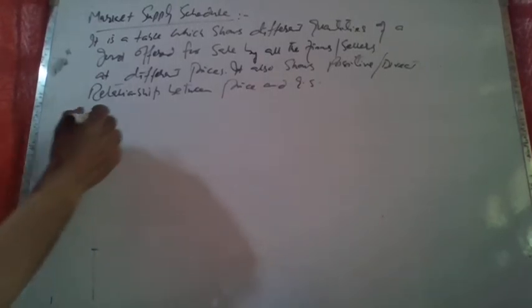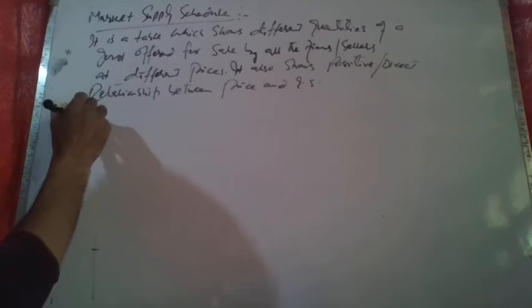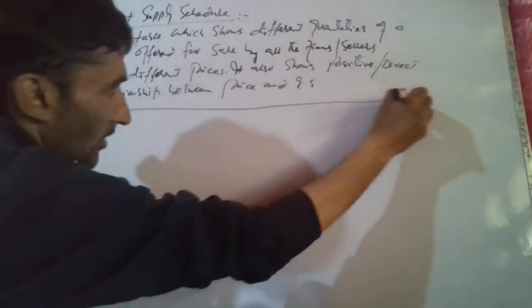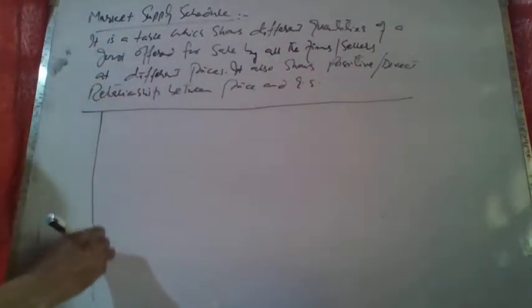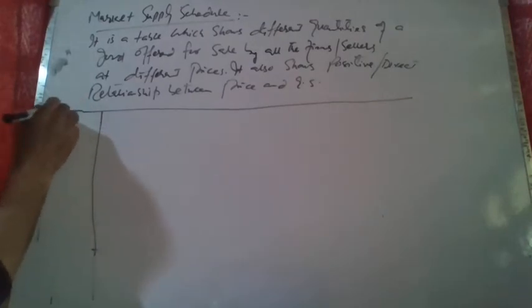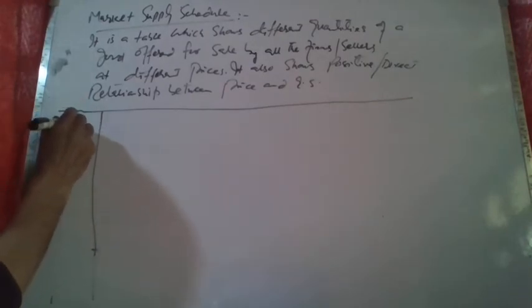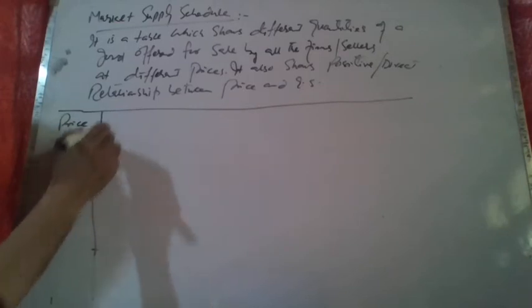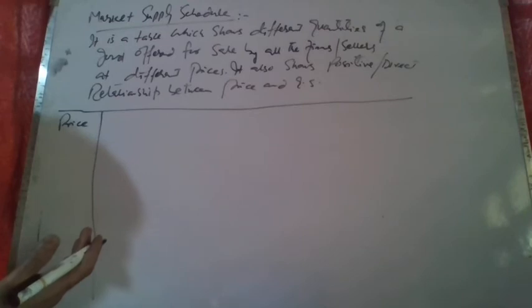So how to construct the market supply schedule? It is the supply of all. We have price. In the market we have so many sellers, producers, firms who supply to the market. They respond differently to market price. Some supply less, some supply more.